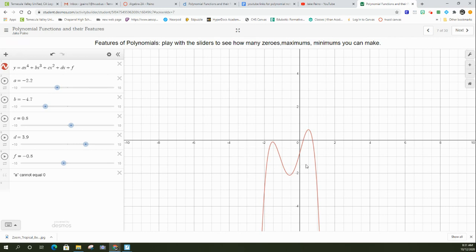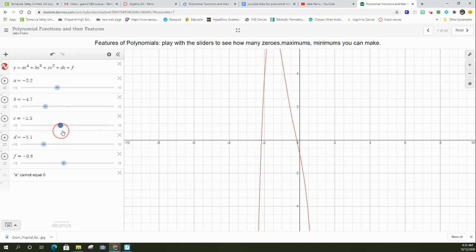All right. Turns. I got 1, 2, 3 turns. Can I manipulate this into anything else? Still have 3 turns, still have 3 turns, and now I have 1 turn. Okay, can I make it have no turns? Nope, because that would mess with my end behaviors. Can I make it have 3 turns? Yes.